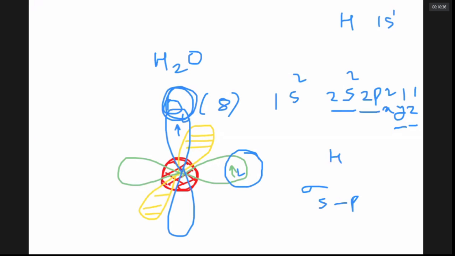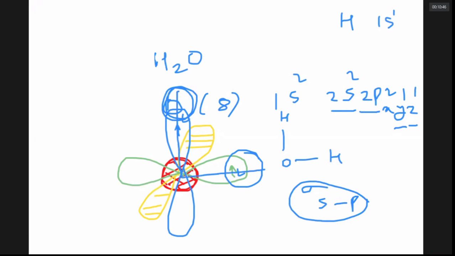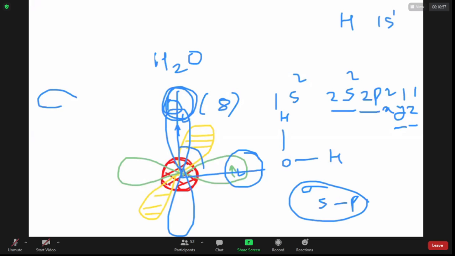In water, there are 2 bonds. They are sigma sp bonds. And what is the angle between the p orbitals, sir? How are p orbitals separated in oxygen? 104.5 degrees? No. P orbitals arrange themselves at 90 degrees separation.